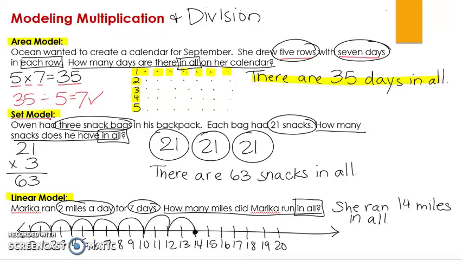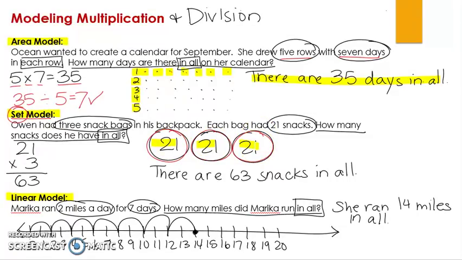I also can do a set model for this type of problem. We see that Owen has 3 snack bags and each bag has 21 snacks. Well, that's a set of objects. It's not an area model, like there aren't rows and a number in each row. It's a set model, like a set of pencils, a set of cookies, a set of plates, a set of toys, a set of candy, a set of trucks. So you can see we have the set model here. There are 3 bags with 21 in each bag.